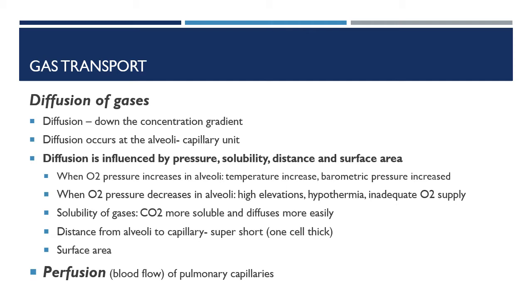Well, that's going to make diffusion very difficult. It'll make oxygen difficult to get from the alveoli to the capillaries, and CO2 to diffuse from the capillaries to the alveoli. And that's common in congestive heart failure.